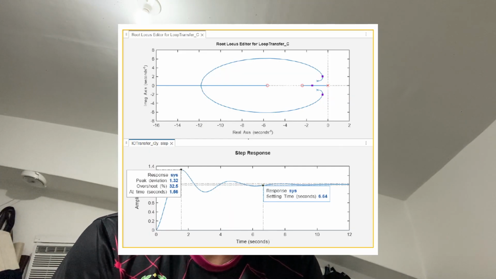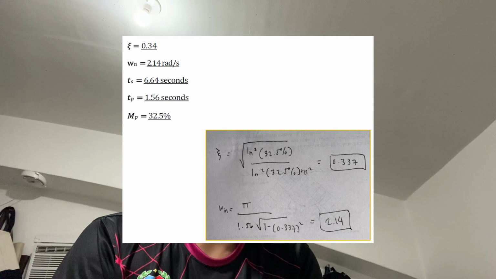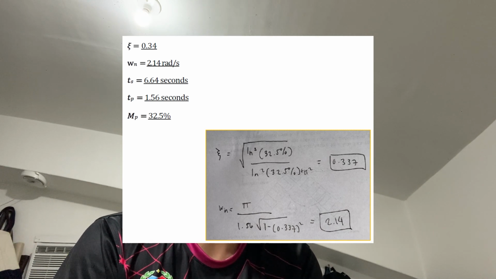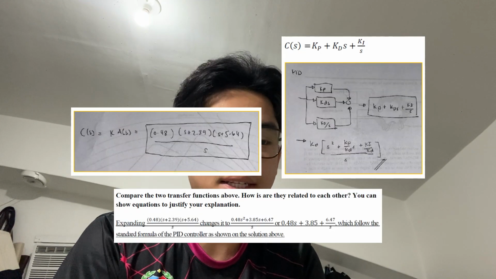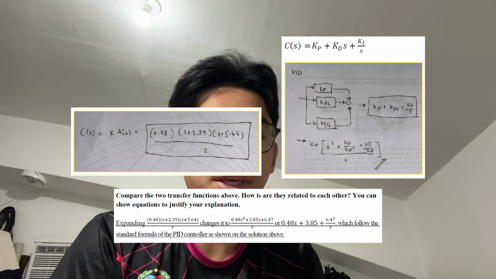And moving on, we also did this again with a new system with another controller gain or K and another compensator A of S. And we again took the specifications like the damping ratio, natural frequency, the settling time, the peak time, and also the overshoot. And we again took the transfer function C of S and ultimately classified this new system as a PID controller.